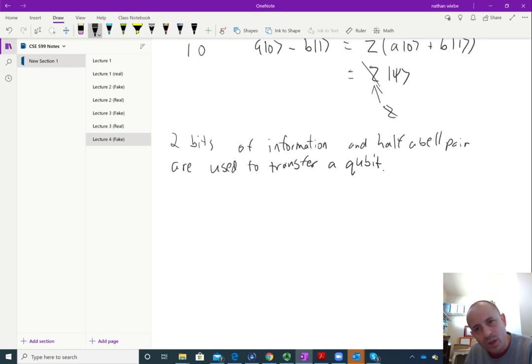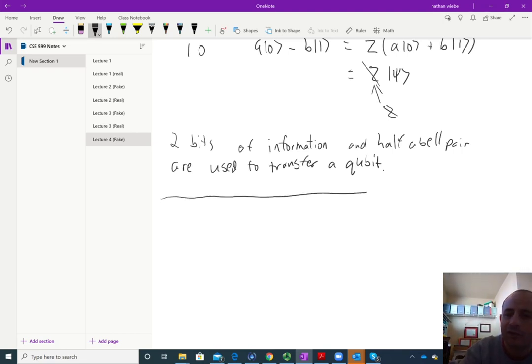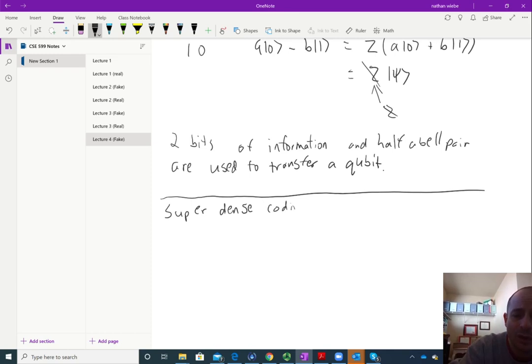So that's teleportation in a nutshell. But there's also another version that can be thought of. And this version is kind of the inverse of it. It's called superdense coding.